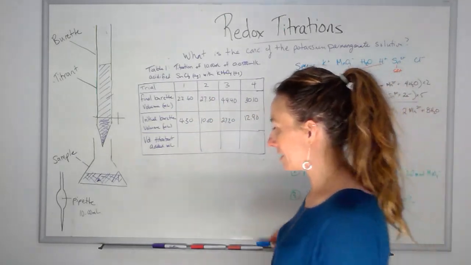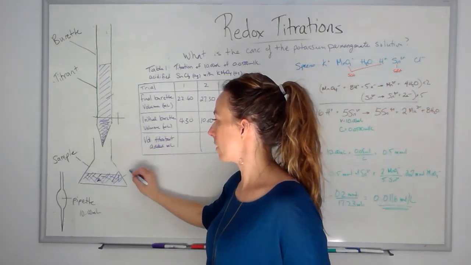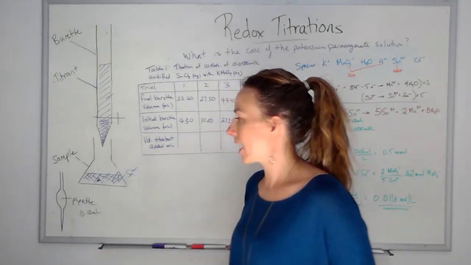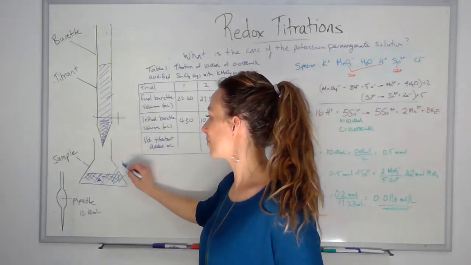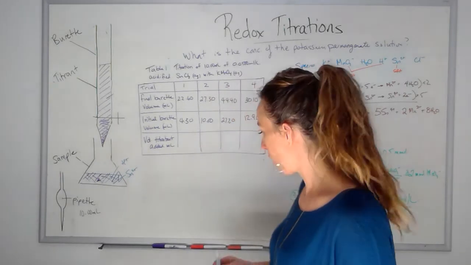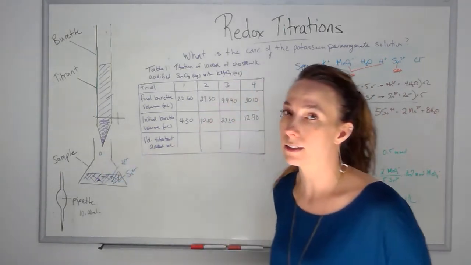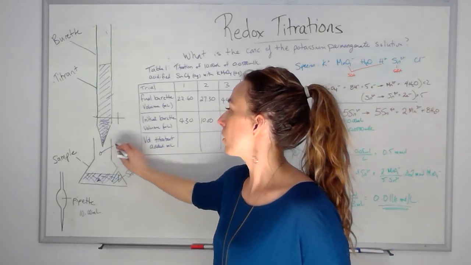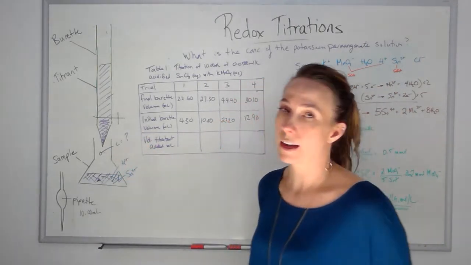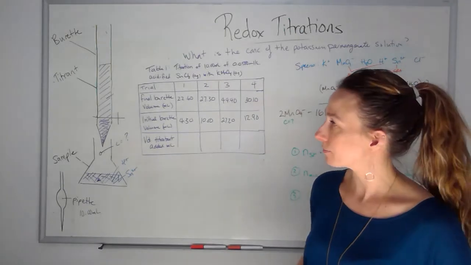So in this flask, just like we started with in this conversation, I have a bunch of tin(II) plus, it's been acidified, and I'm dropping in this purple potassium permanganate. I would like to know what the concentration is of that potassium permanganate.